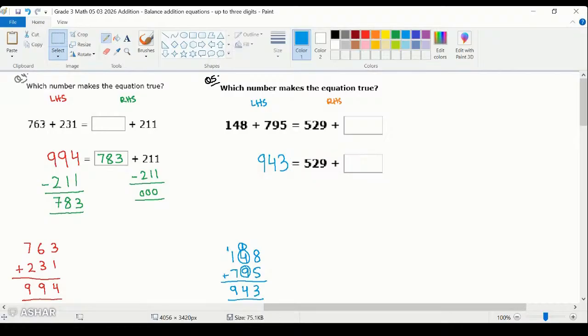Agreed? Perfect. Now what we need to do is we have 943 is equal to 529 plus the missing number. So can we subtract 529 on both the sides? 529 minus 529, this becomes 0.